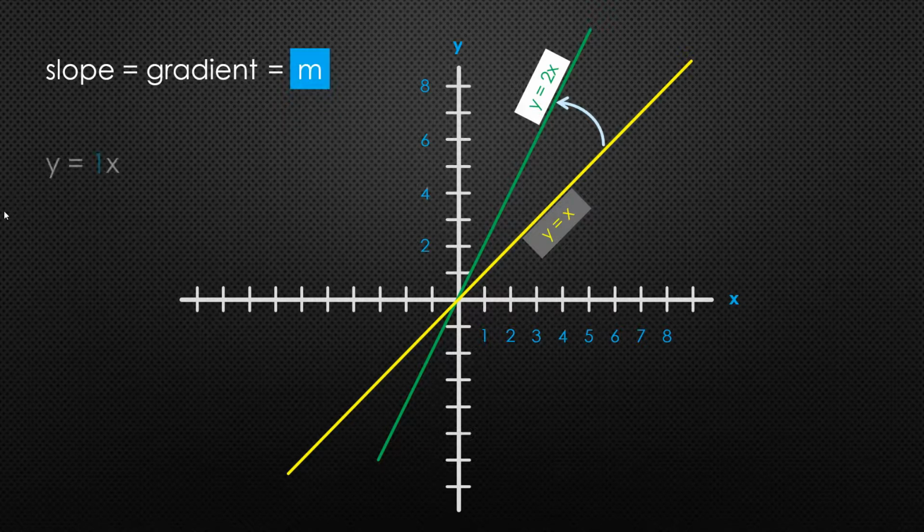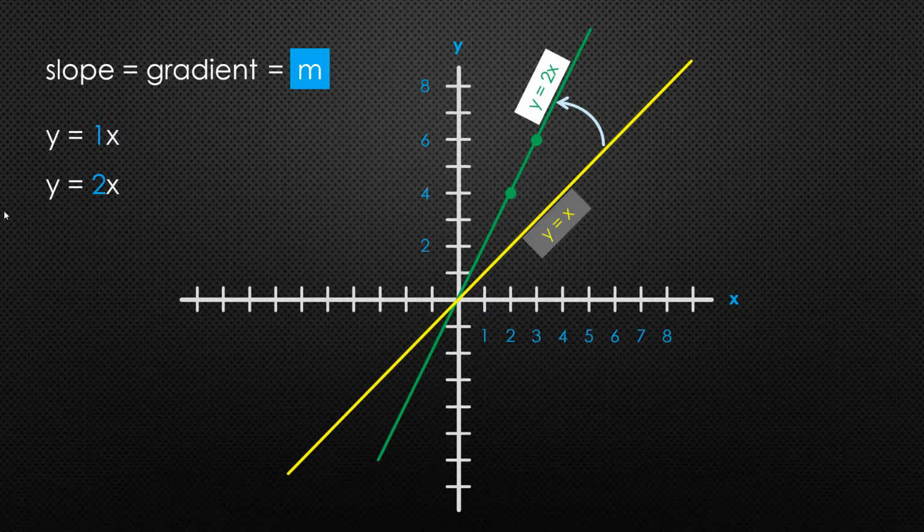In the first line, y equals x, we didn't show m because any number multiplied by 1 doesn't make any difference. The second line, since it makes a significant difference when you multiply by 2, we have to show y equals 2x. Suppose I give you a point on the graph and a second point on the graph without showing you the gradient.